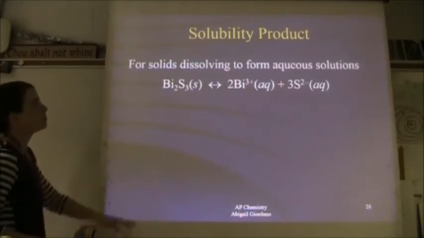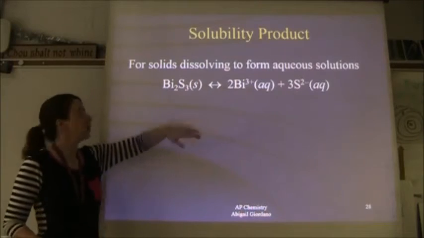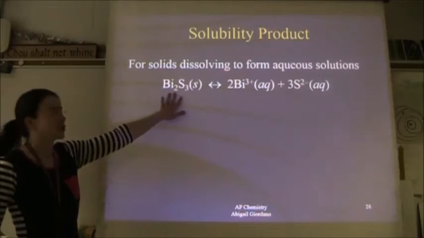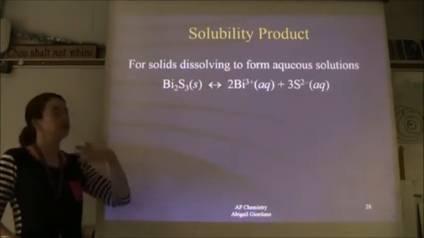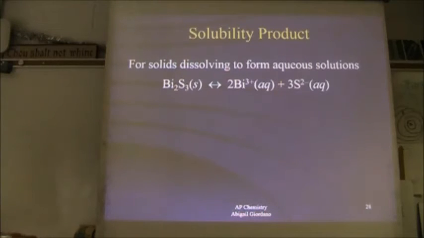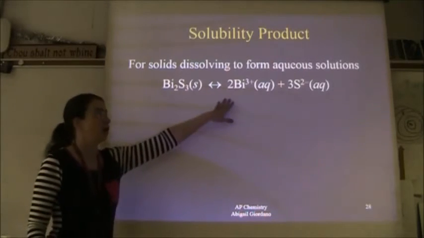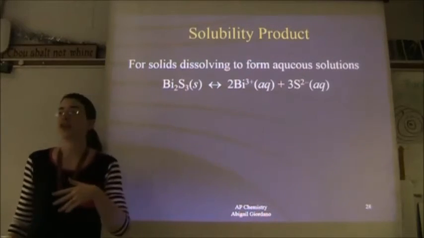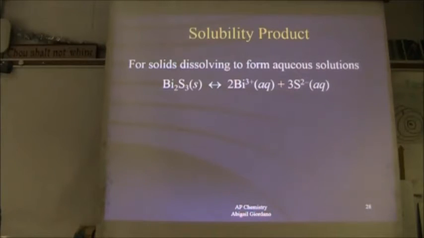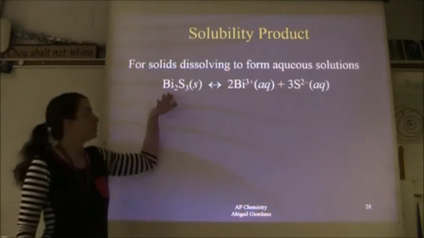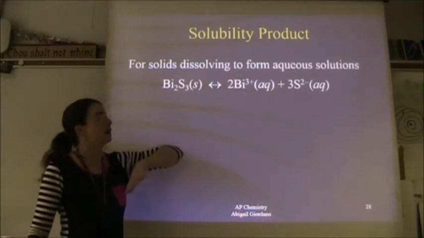Okay. As an example, here's a solid, here's it dissolving. Let's just make sure that we remember that when ionic compounds, which is what we'll be dealing with, dissolve, you could also say that that process is the solid ionizing, breaking down into its ions.